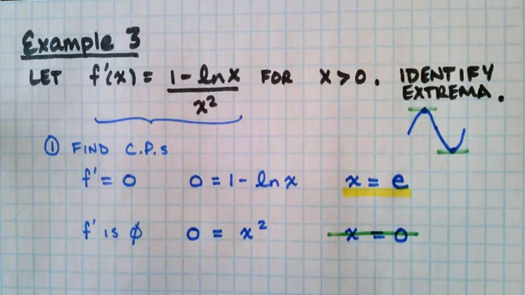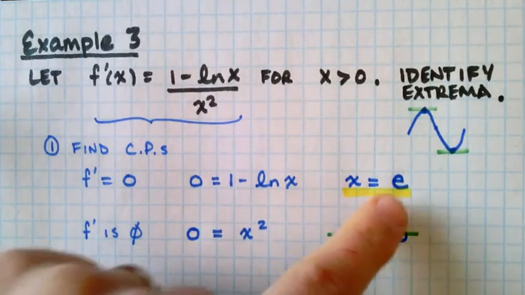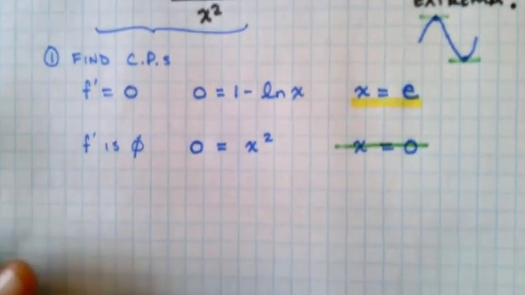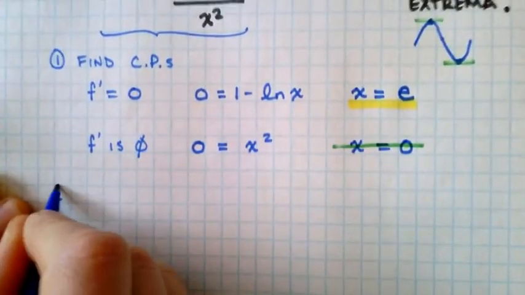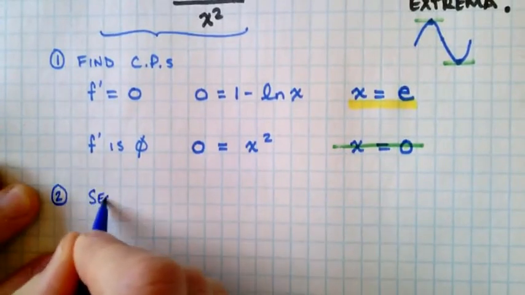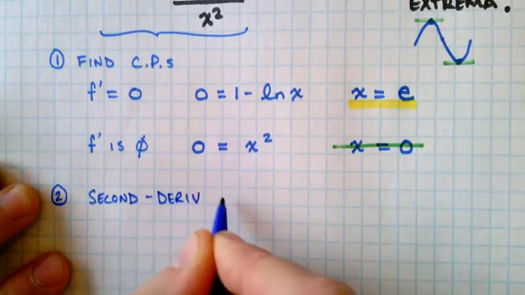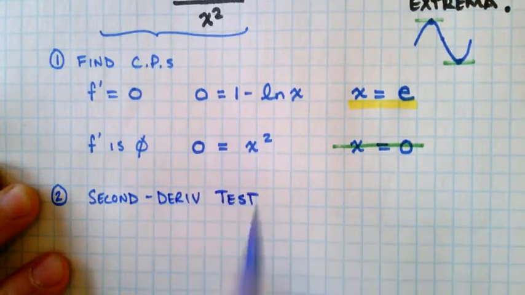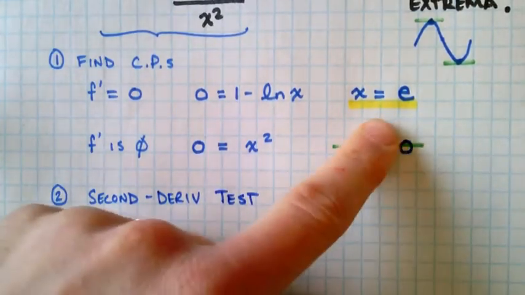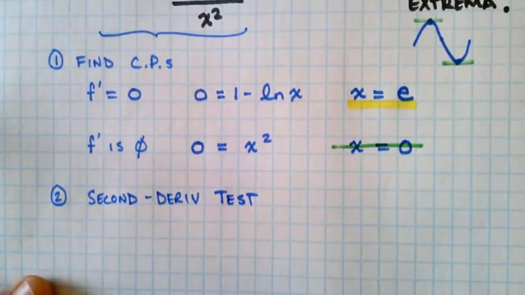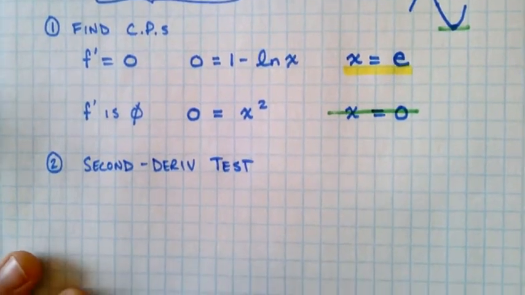All right, so now I want to know whether x equals e is a maximum or a minimum. And we're going to take a different route than we usually do. We're going to use the second derivative test. That means that we are going to take e and plug it into the second derivative and figure out whether we have a curve that is concave up or concave down at that point.